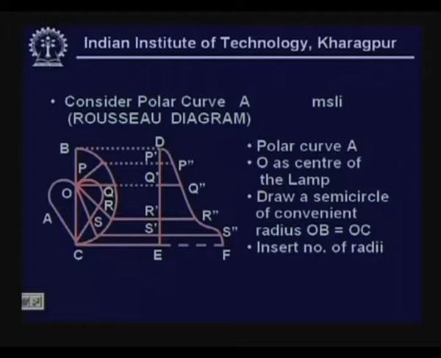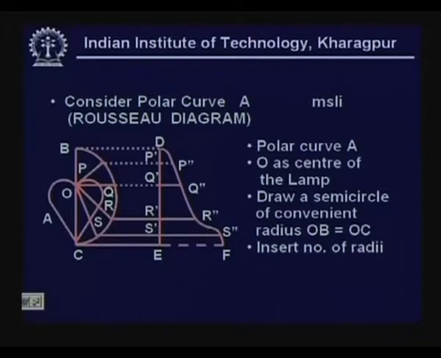So, the average of these horizontal lines like EF, S prime, S double prime, R double prime, Q double prime, P double prime would be the mean spherical luminous intensity, or in other words, the area of this curve is an index of mean spherical luminous intensity. The construction of this diagram from the polar curve is what we call the Rossum diagram.